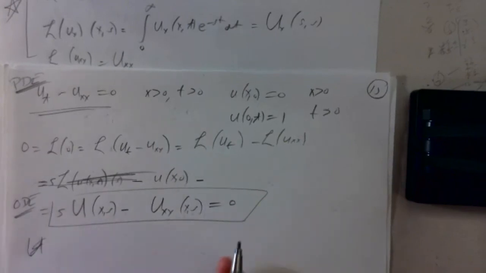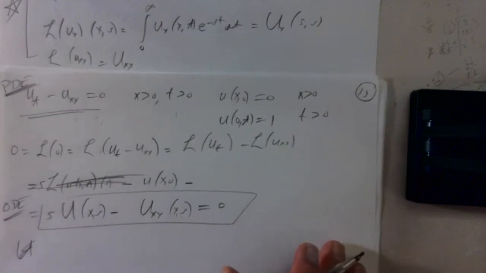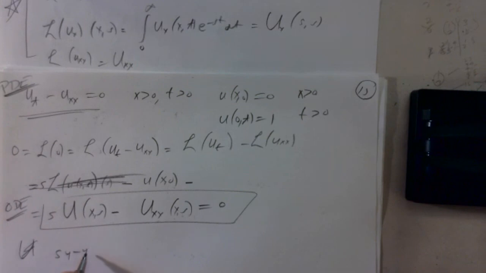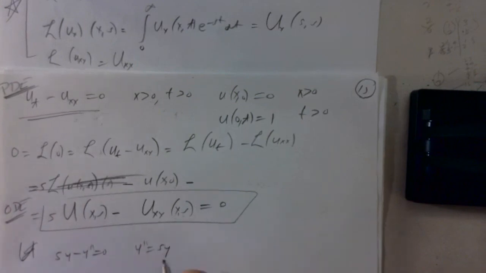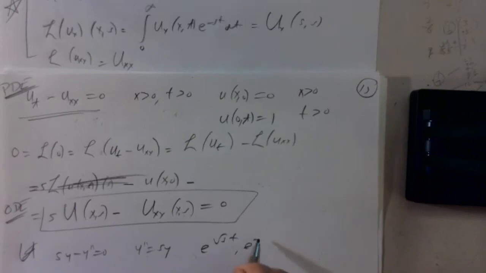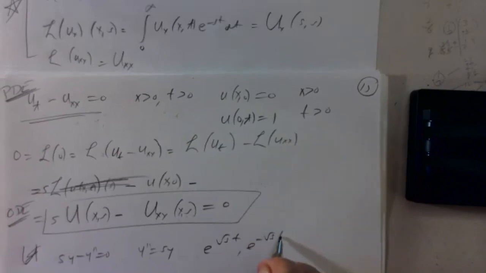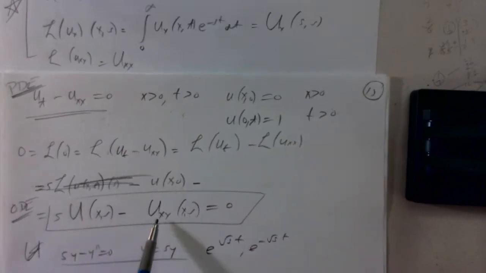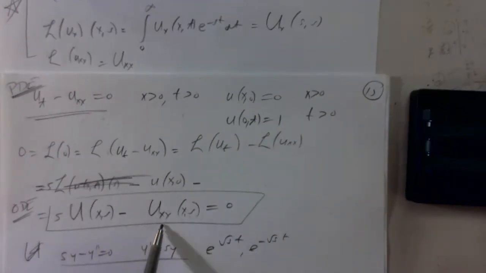This is a very simple differential equation, s y minus y double prime equals 0, y double prime equals s y. So this just has the solution e to the square root of s x and e to the minus square root of s x. It's an ordinary differential equation. We're only differentiating with respect to x.